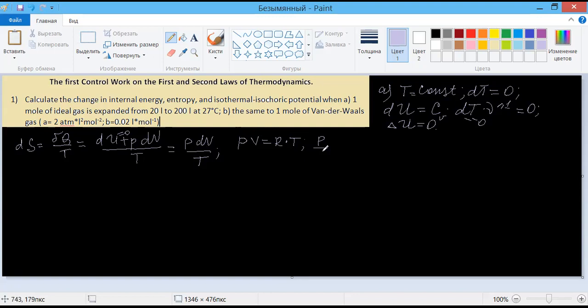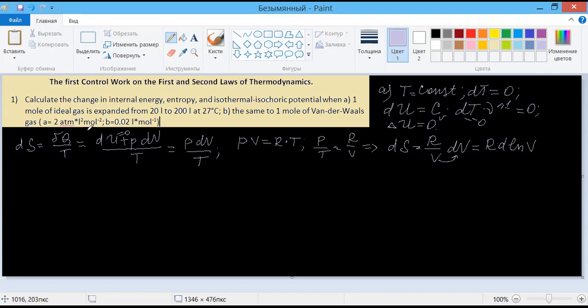That means that P over T equals R over V. For that reason, we got that dS equals R over V times dV. Or we can put V under the differentiation, and we will get R times the differential of natural logarithm V.